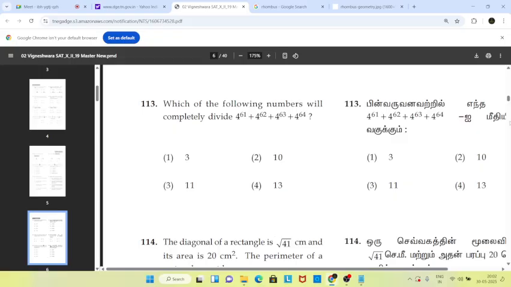It is not quite possible to find 4 to the power 61 directly.